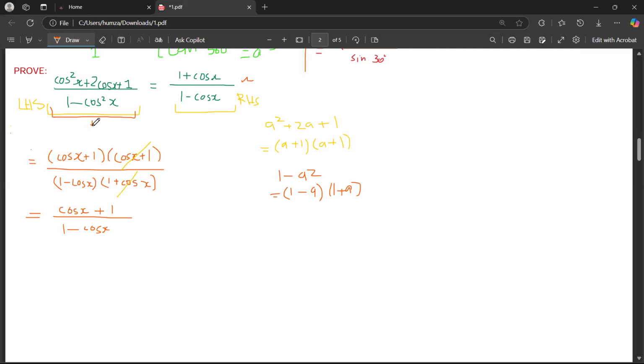Or, just to avoid confusion, we can rewrite this as 1 plus cos x over 1 minus cos x, and hence it is proved that the left hand side is equal to the right hand side.